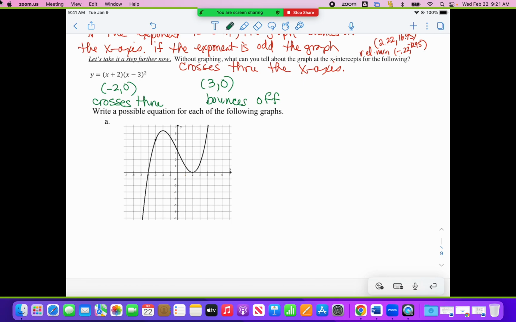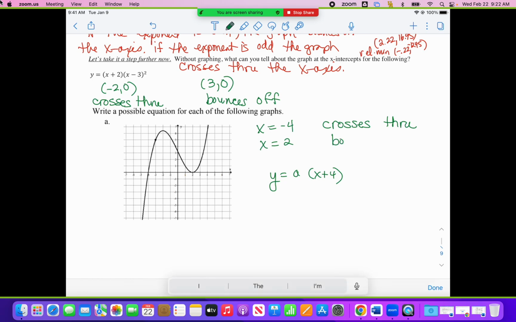So in letter A here, it says write a possible equation for each of the following. So here's the deal. At x equals negative 4, I know that the x-intercept crosses through. So that tells me I have an x plus 4 to the 1st power. At x equals 2, it bounces off.